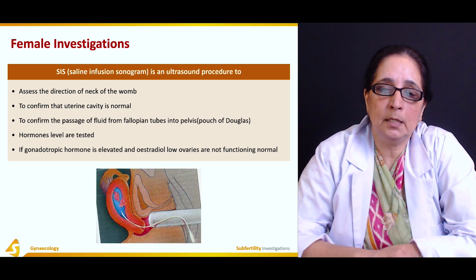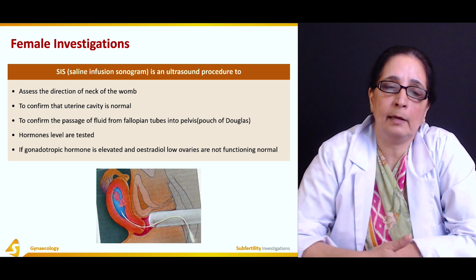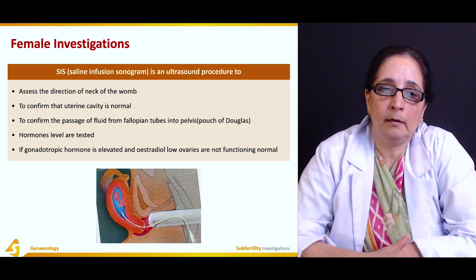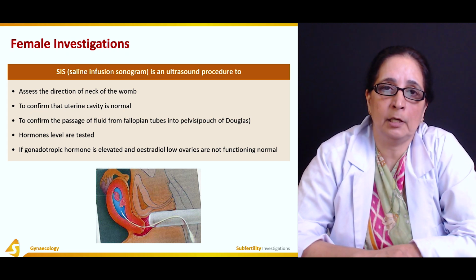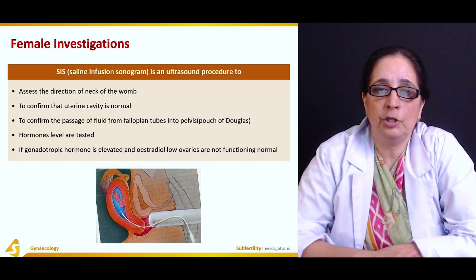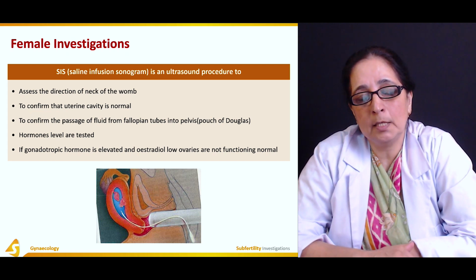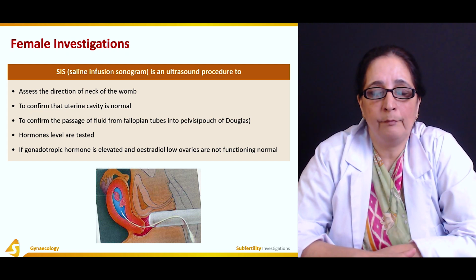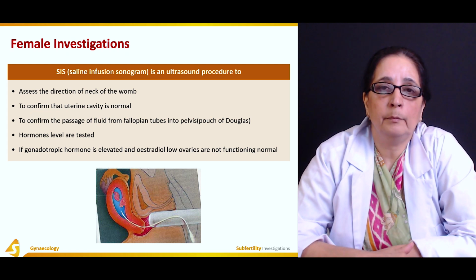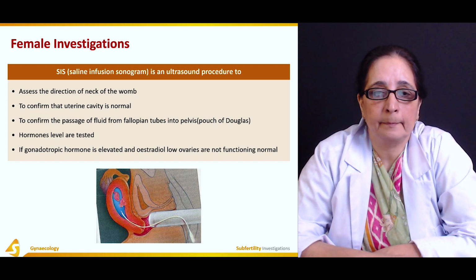Then the other test done in females is that hormone levels are tested. If FSH, LH are normal, if estrogen produced by the ovaries is in normal amount, if not, it means there are problems of the hormones.